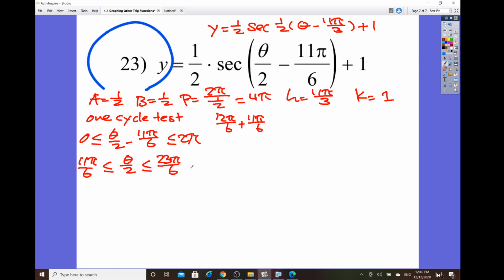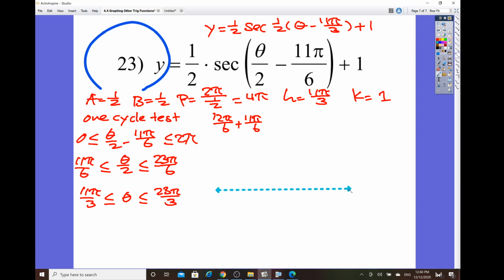Okay, so it's a weird radian. And then multiply everything by 2, so we do have 11 pi over 3 less than or equal to theta, less than or equal to 23 pi over 3. Okay, multiply each term by 2. So 23 pi over 3, 11 pi over 3. So now we need the x-axis, the y-axis.